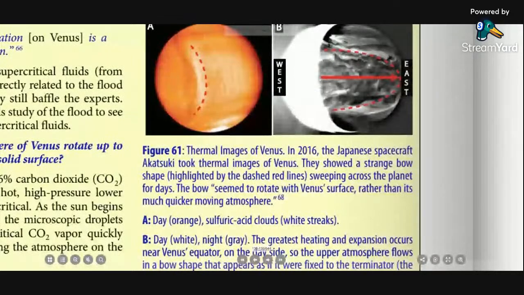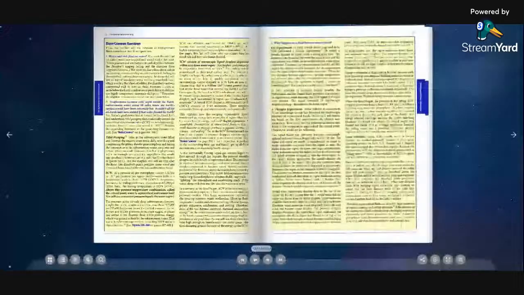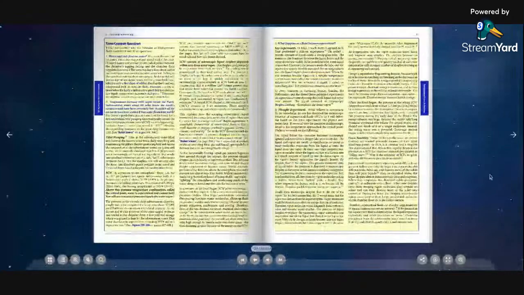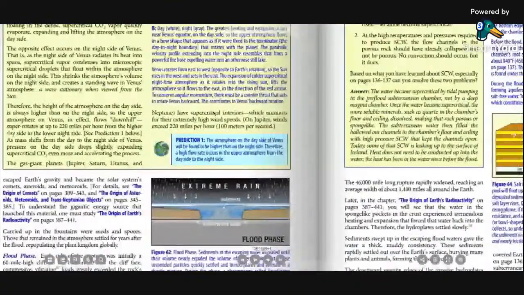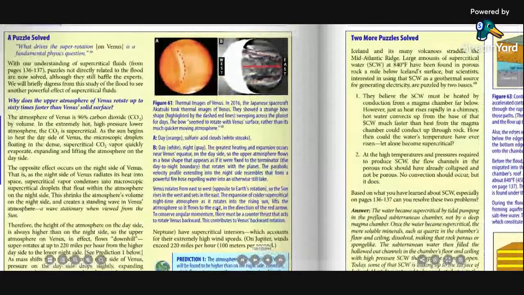The greatest heating and expansion occurs near Venus's equator on the day side, so the upper atmosphere flows in a bow shape that appears as if it were fixed to the terminator, the day-to-night boundary, that rotates with the planet.